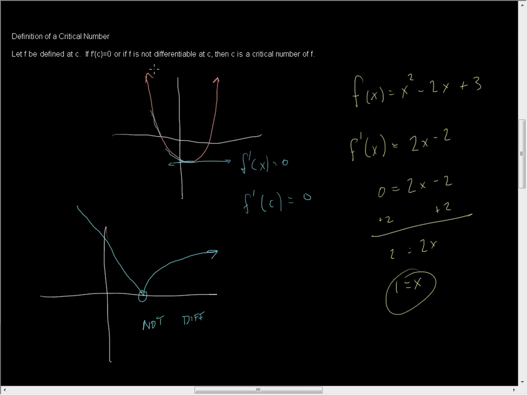The other one is if you have a vertical asymptote, then you're going to have a problem at that vertical asymptote because you're dividing by 0 and you can't do that. Wherever that vertical asymptote lies, there's another critical number. Critical numbers are going to play a fairly important part in your testing of the extremums, so we want to make sure that we identify all the critical numbers in our problems.